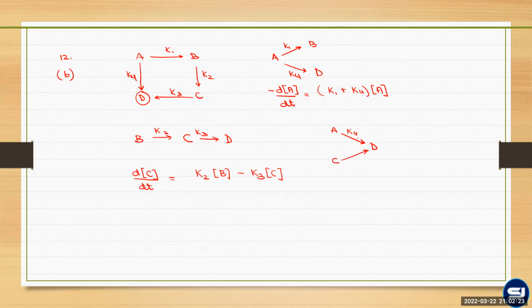A से D K4 और C से D K3. ठीक है, तो इस केस में the product D is obtained from A as well as C but with the different rate constant. Then in this case the dD by dt would be equal to what? कैसे लिखोगे? K4A plus K3C. K4 into A for the first reaction and K3C.